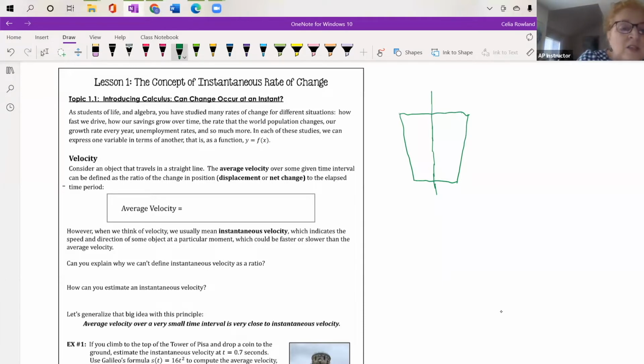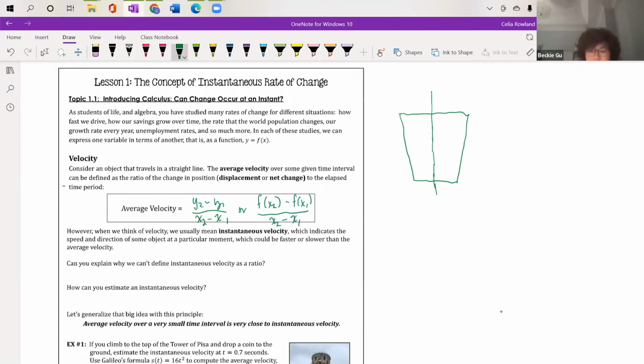So average velocity is nothing but y2 minus y1 over x2 minus x1, or we can say f of x2 minus f of x1 over x2 minus x1. A lot of times this also gets written as delta y over delta x. So that's what we're looking at.